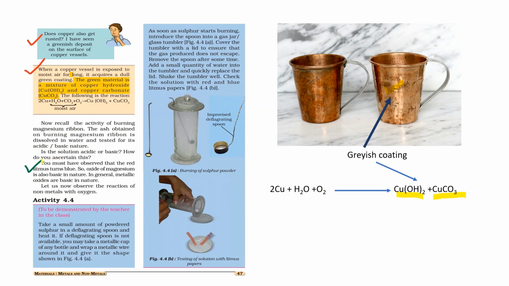Now, as we observe, magnesium oxide is basic in nature, so that's why it turns red litmus blue, while sulfur is acidic in nature, so it turns blue litmus red.